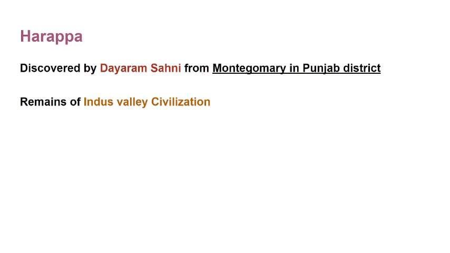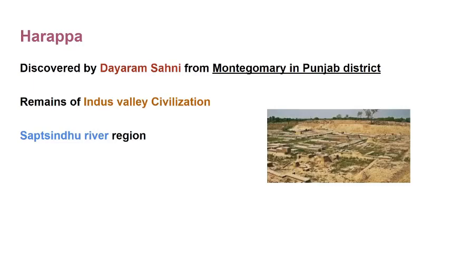The region of Sapta Sindhu river is a region of our Indian culture. So here you can see Harappa, and we talked about this Sapta Sindhu river. It includes Satluj, Bias, Chenab, Jhelum, Ravi, etc.